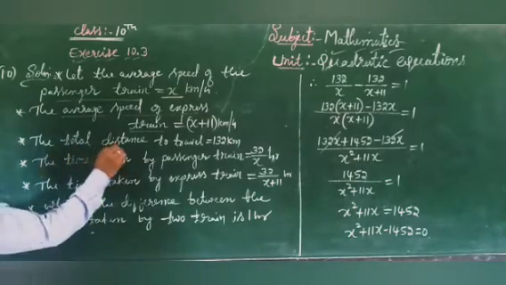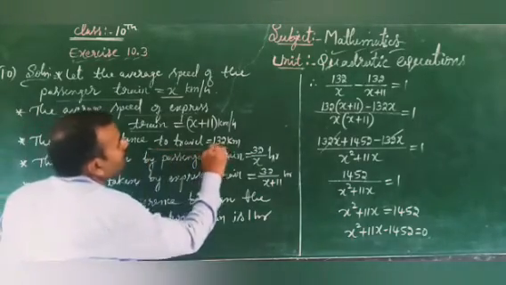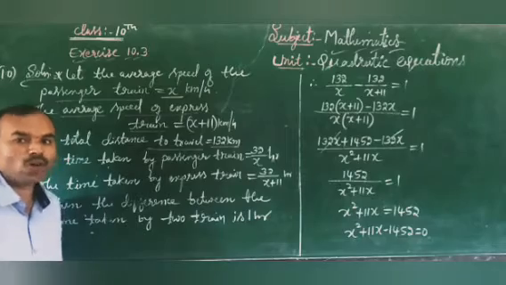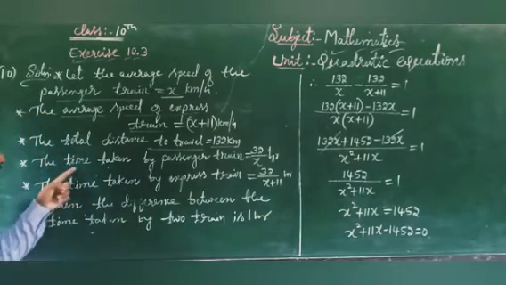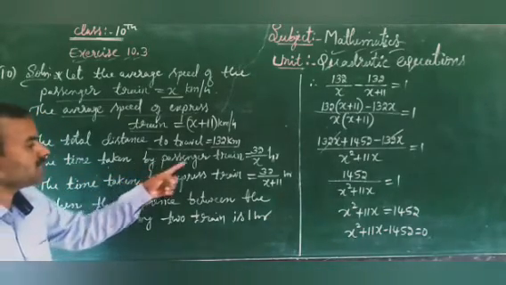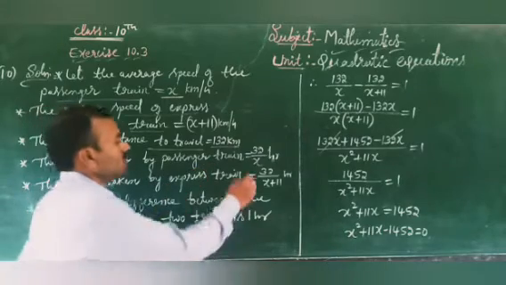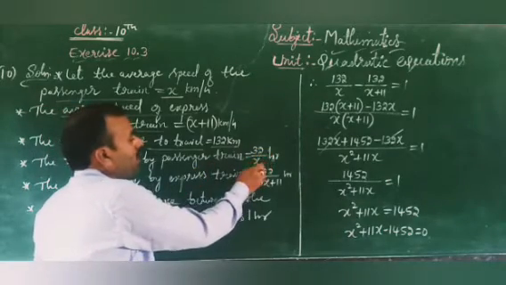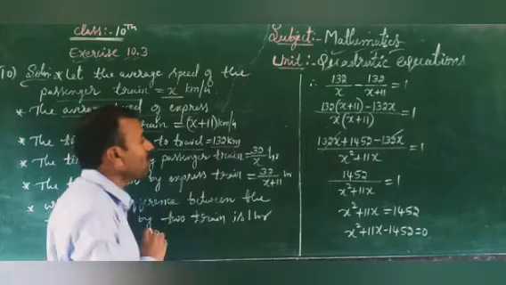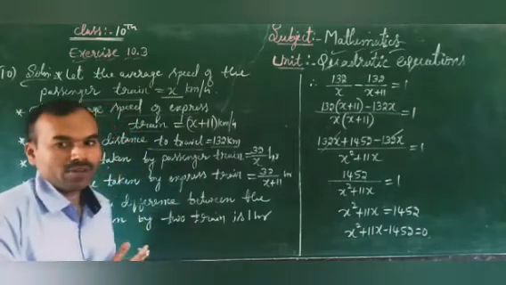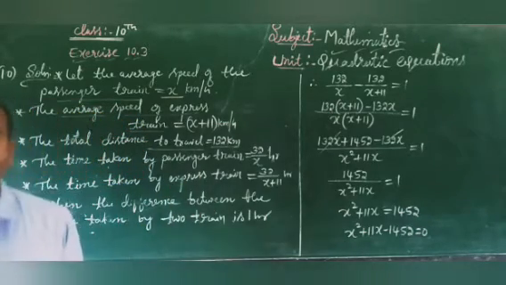The total distance to travel is 132 km. The time taken by the passenger train is 132 by x hours. Do you understand this one?